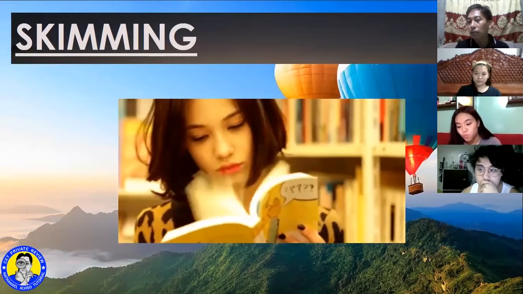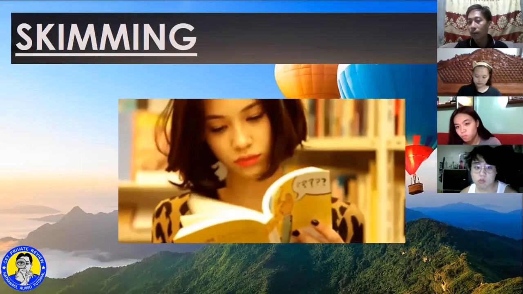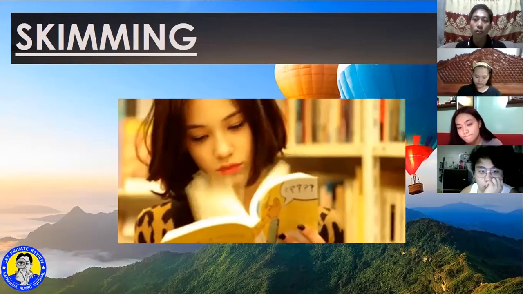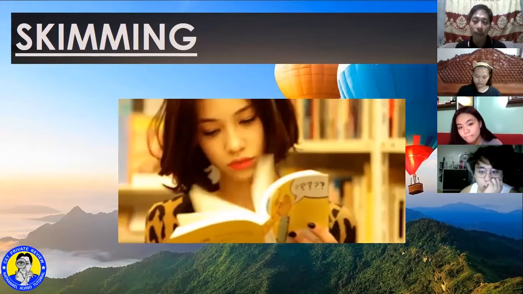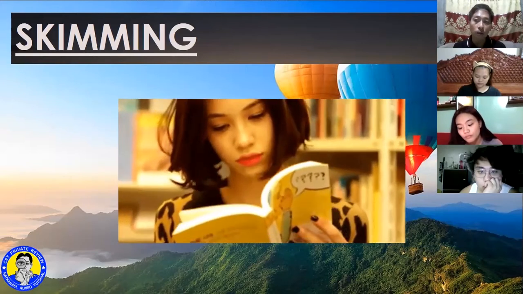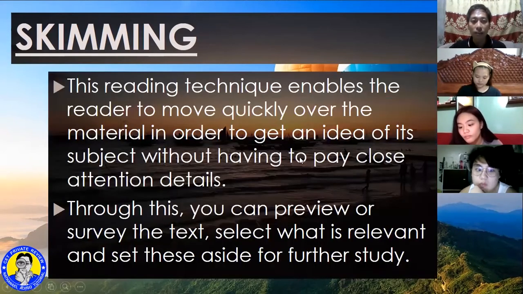You just sort of scan or look at it, and then you go directly to the questions. Usually they are 2 or 3 questions. So you read the questions to find out what you need to look for when you read the passage. Okay, that's skimming.